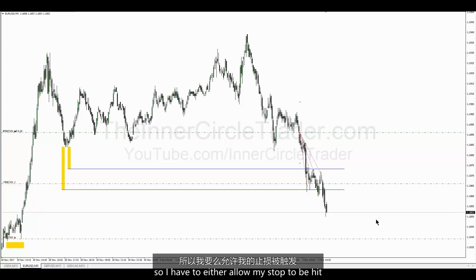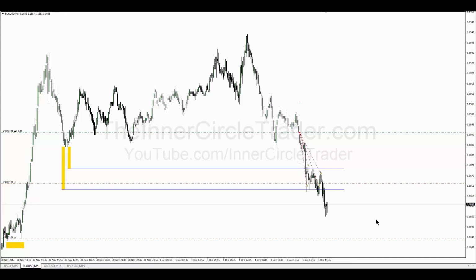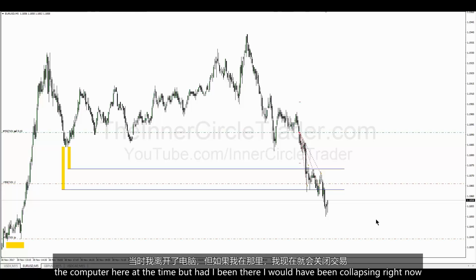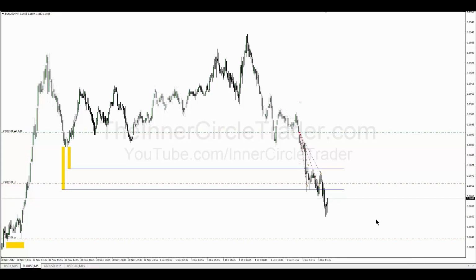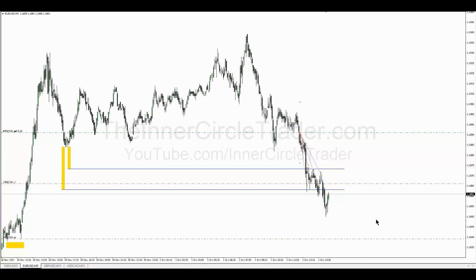So I have to either allow my stop to be hit or my limit order to be taken, or I can collapse the trade. Now, I was away from the computer here at the time, but had I been there, I would have been collapsing right now. But ultimately, the price comes back up, and it does, in fact, stop me out eventually, as you'll see.